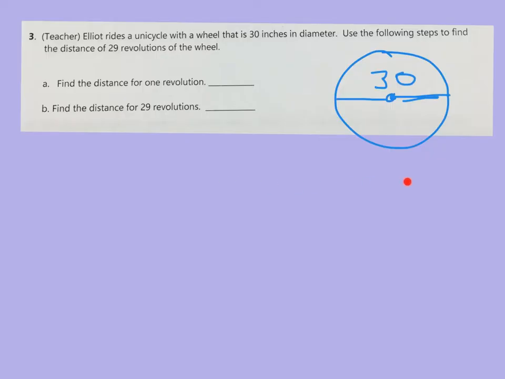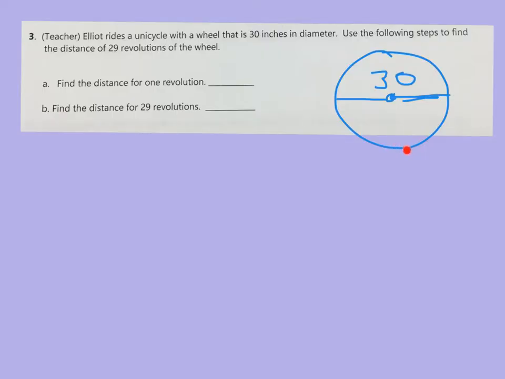If you think of a road, when the wheel turns around, the tire is going to rotate. When it gets back to the original point, that's when you would stop.